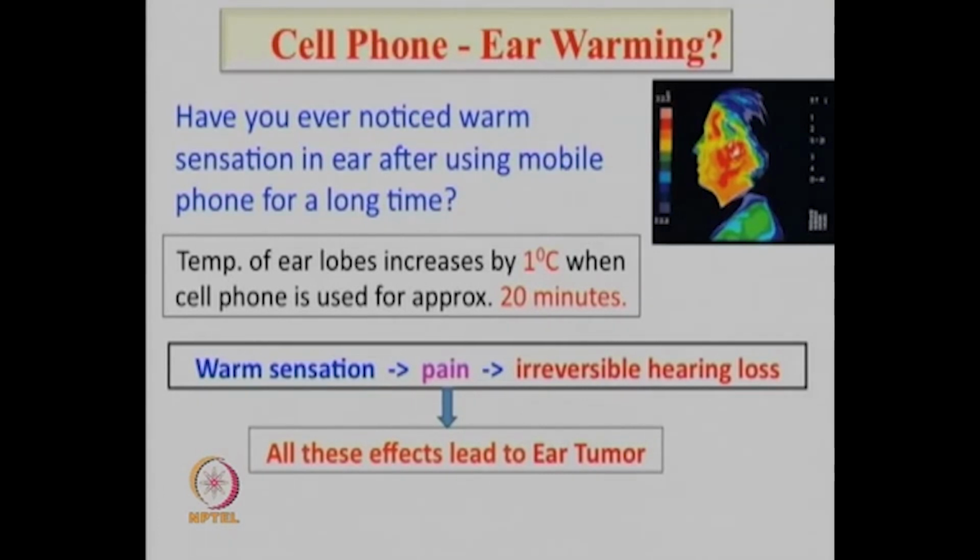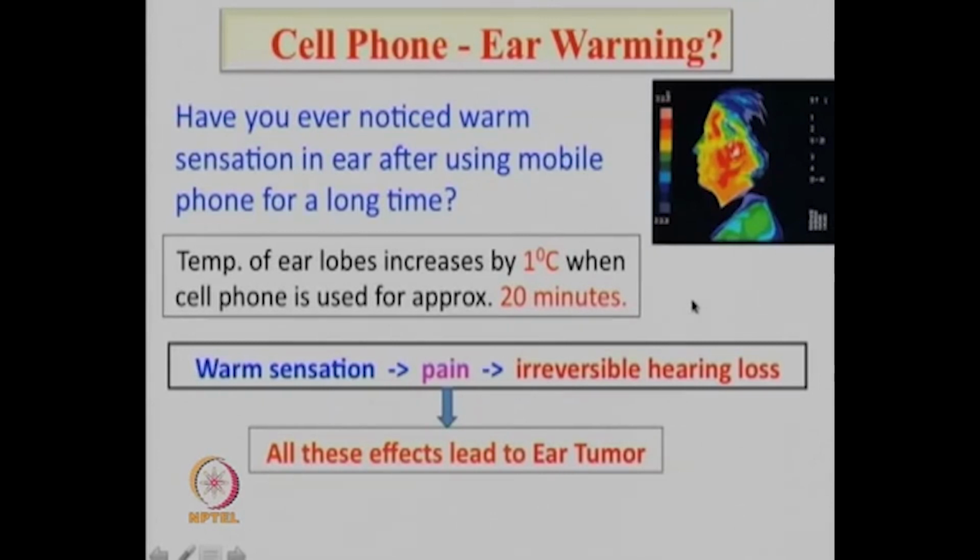Since the ear is the closest, the blood in the earlobe starts getting heated up, and it has been reported that if you use the cell phone for approximately 20 minutes, the earlobe blood temperature goes up by 1 degree centigrade. Body temperature is 98.4 Fahrenheit. If you add 1 degree centigrade, which is 1.8 Fahrenheit, we have a 100.2 degree fever.